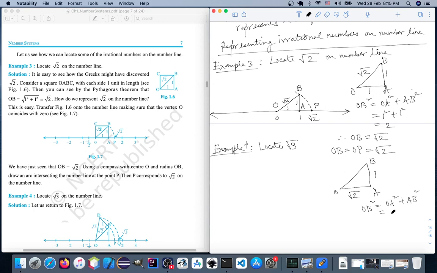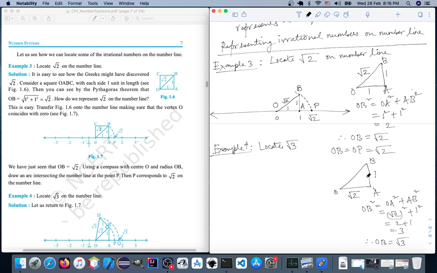This will be root 2 whole square plus 1, which is 2 plus 1, so 3. Therefore, we get OB equals root 3. So from a right angle triangle with base root 2 and height 1, we get the hypotenuse as root 3.